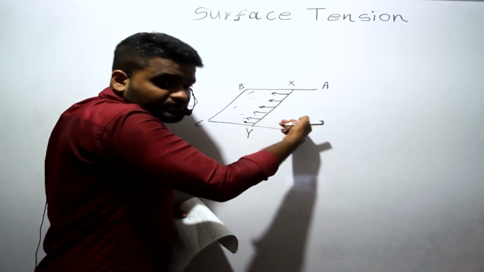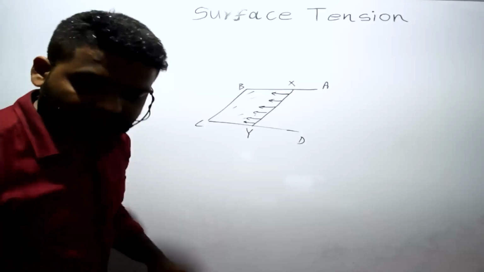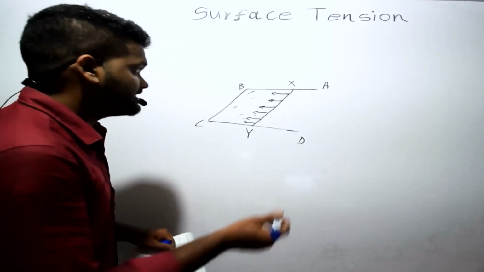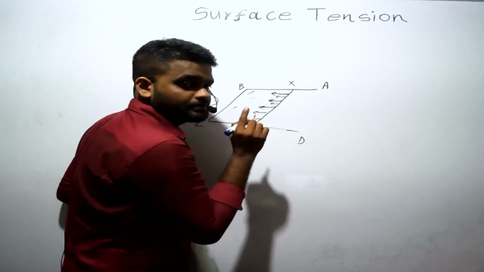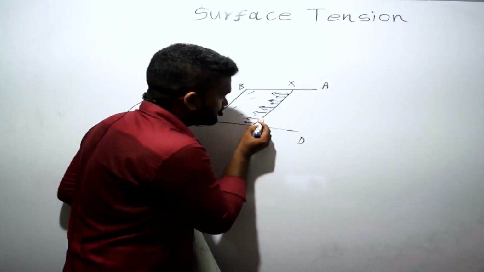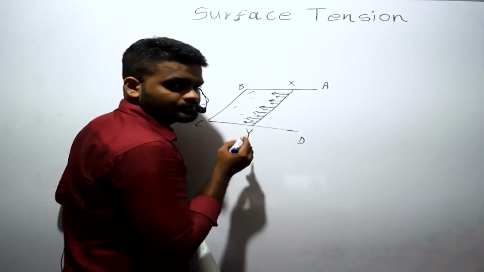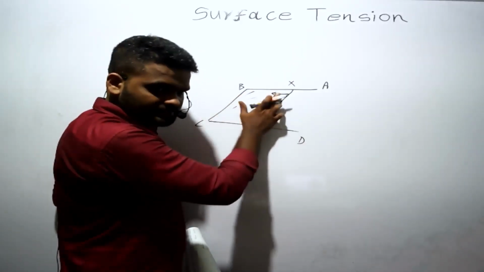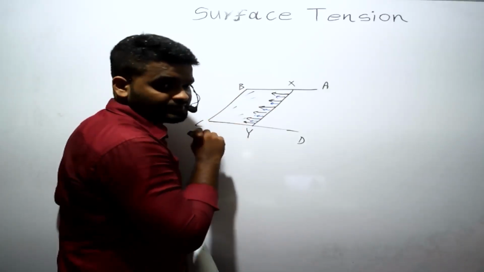There's a surface below this as well. I'll mark those forces using a different pen. There are these surface forces. Understood? So this is a liquid layer, like a soap layer. It has two free surfaces.